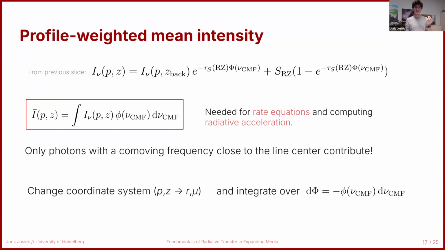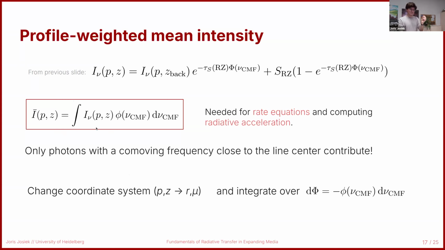We only need to know the intensity in the place where the photon can be absorbed, so around the local line center frequency. The mathematical formulation of this is this I bar. It's the profile weighted mean intensity. It's the intensity weighted by the local line profile.